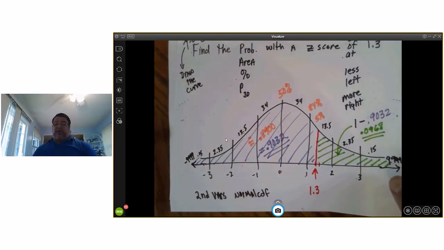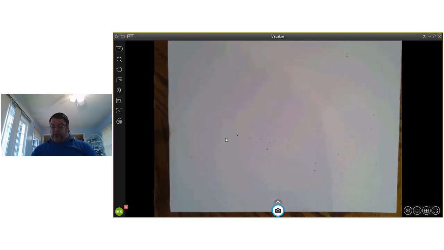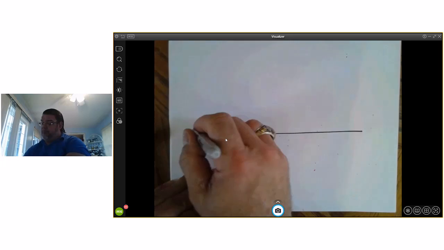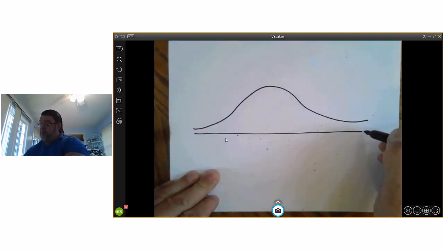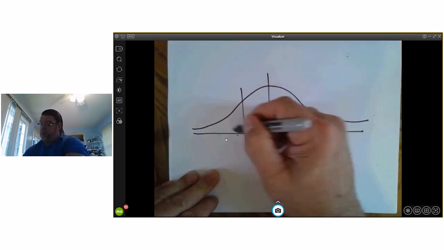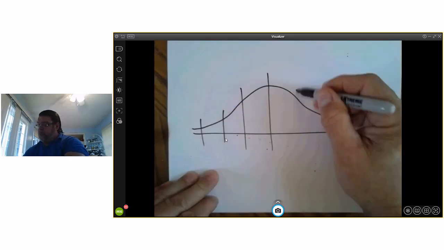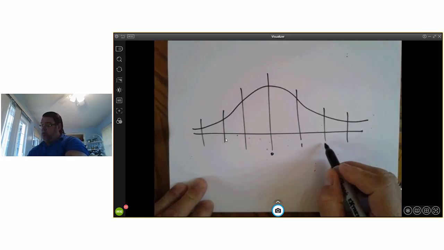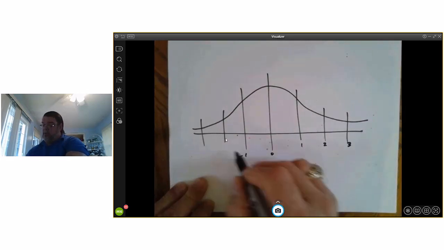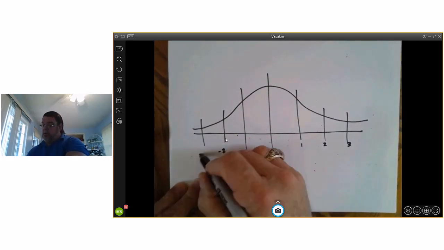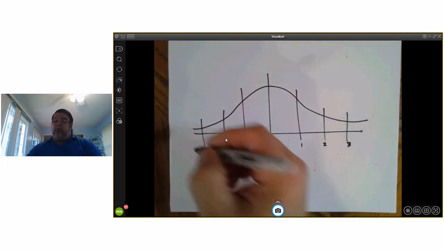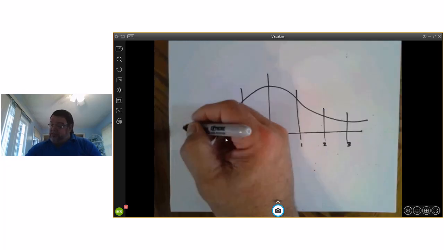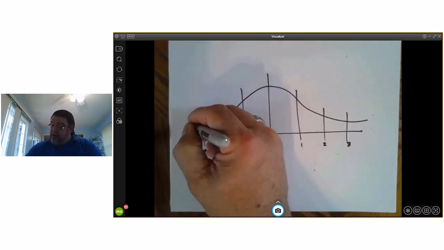All right, your second type question, let's go ahead and draw a curve. Oh, Lord, the movie stars are going to give us a concert. I just heard it on the news.